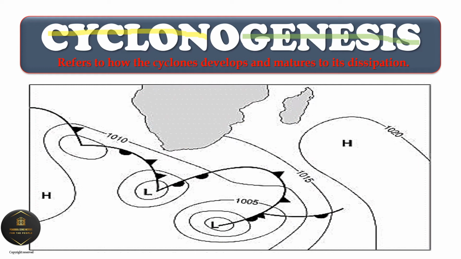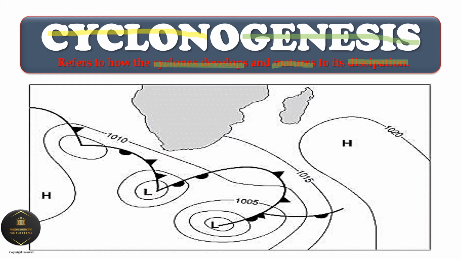Now, the same idea applies when we talk about cyclones. Here we are basically thinking about how the cyclones are formed. So cyclonogenesis, by formal definition, refers to how cyclones develop, mature, and how they end up dissipating, or how they end up dying out or getting occluded.